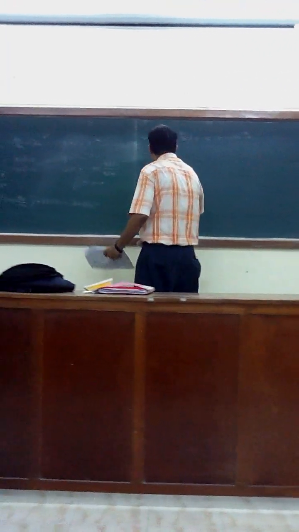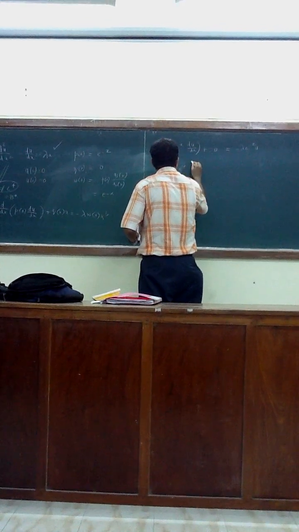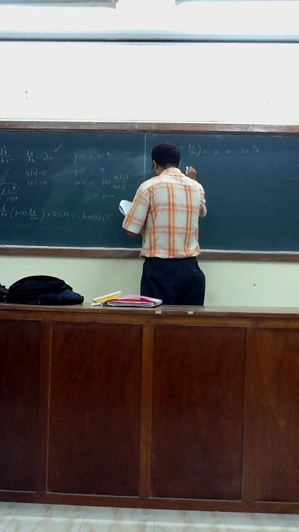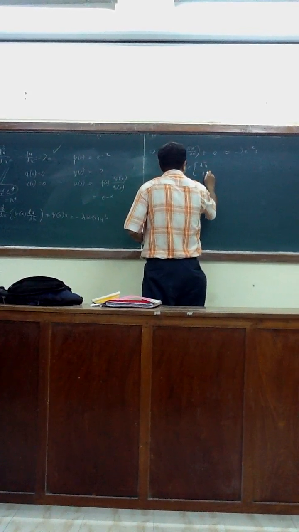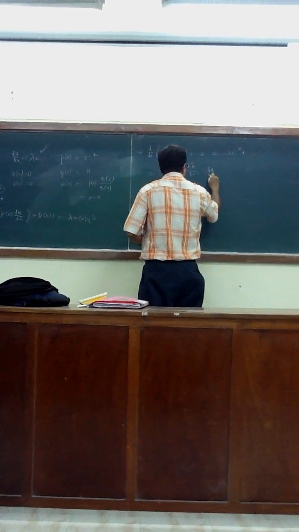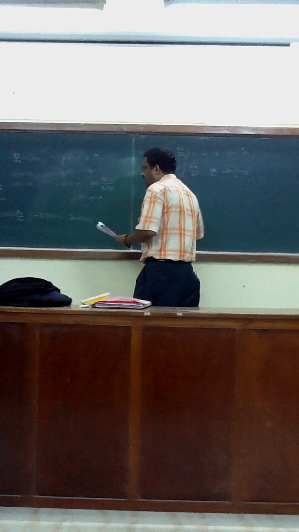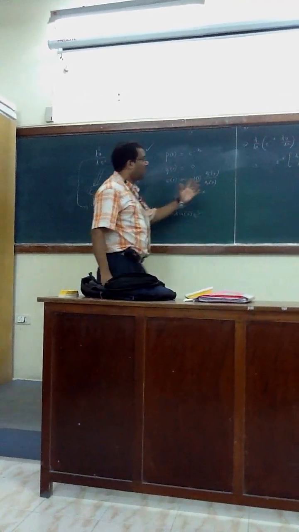So what are you getting then? From here, you get e to the power minus x d2u/dx square minus du/dx plus lambda u equals 0. Am I correct? Now you can see that earlier we had only this one.